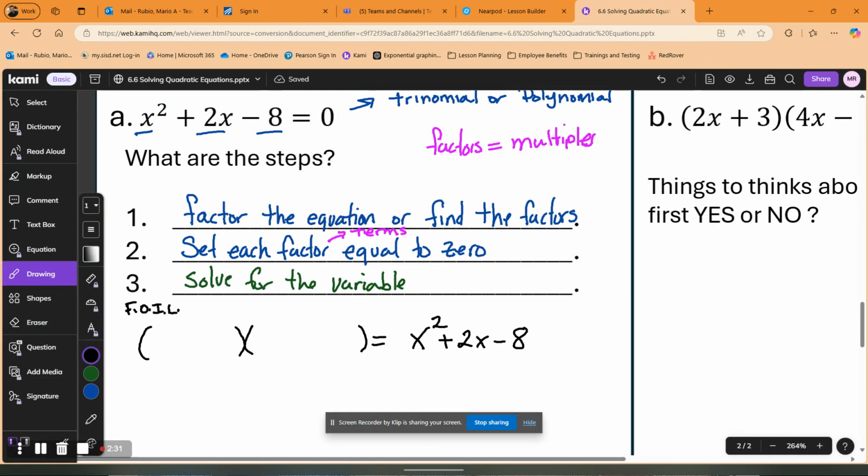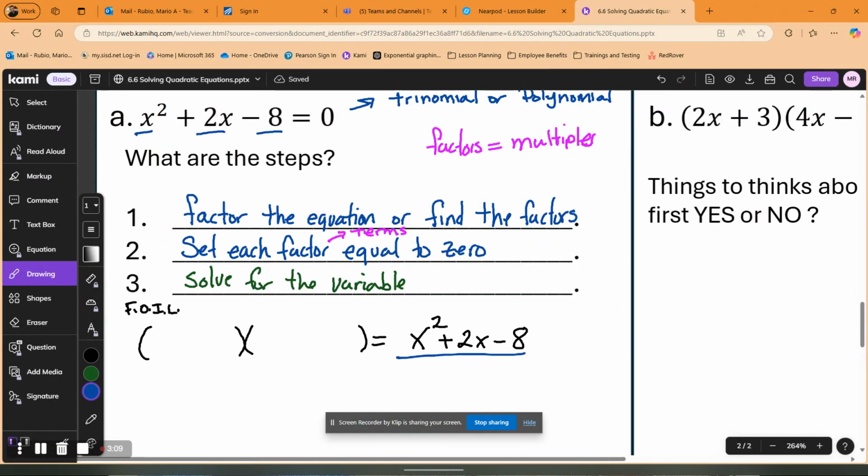So basically what we're going to see is what two terms, what times what gives me x squared plus 2x minus 8. So it's like what, question mark, what, parentheses mean multiply, what times what gives me this. So we have to figure out what two things multiplied together will give me x squared. Okay, so it's like when we used FOIL, but now we're going backwards.